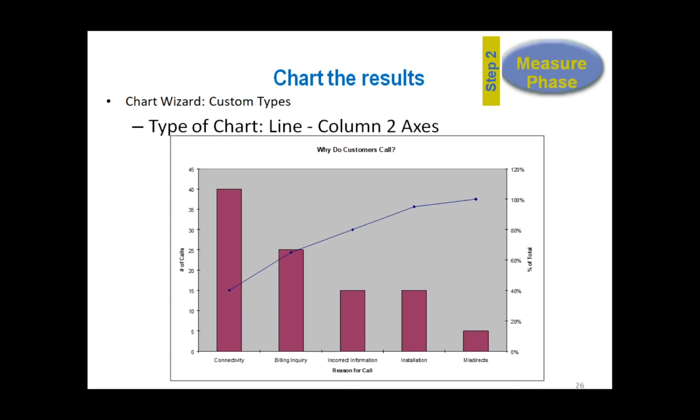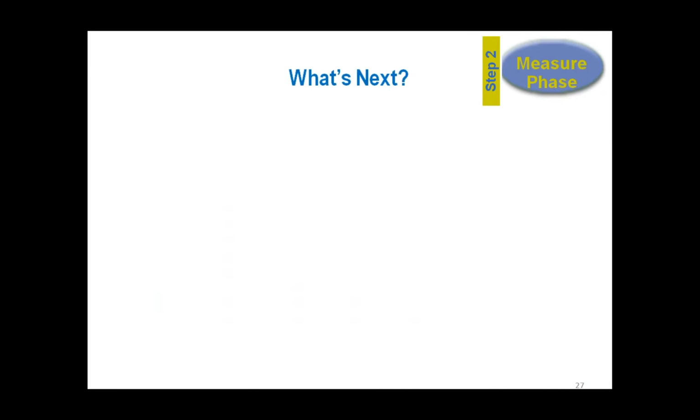That's the aim of the whole initiative, to make sure that the categories which are contributing more to the defects right now should be worked upon, and over a period of time we are able to move them towards the right. They reduce in number, and then the incorrect information and installation, which are the next two categories, become the top most concerns, and then we address them, and so on and so forth. So it just helps us to prioritize where to work on.